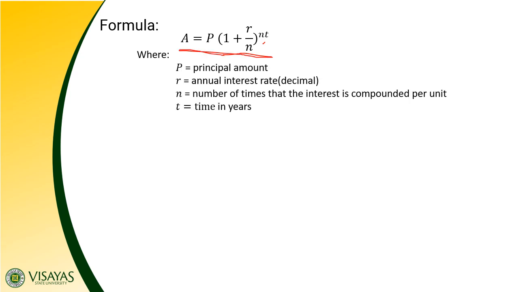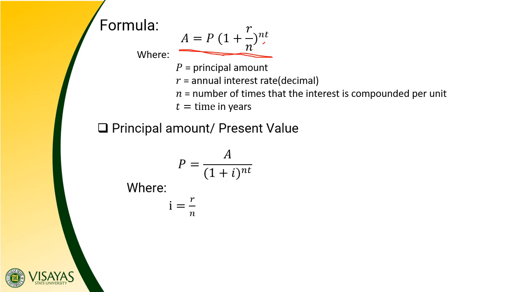Wherein P is the principal amount, R is the annual interest rate, and N is the number of times that the interest is compounded per unit. Kung nakakailan, makukuha ng interest in a year. Like for example, kung compounded annually, 1 lang. Pero kung compounded quarterly, 4 times in a year, compounded monthly, so that is 12 times in a year. Okay, and T is time in years.